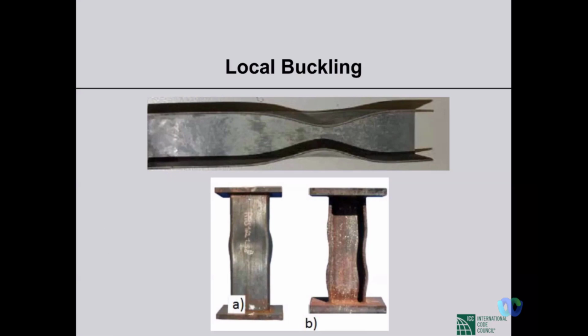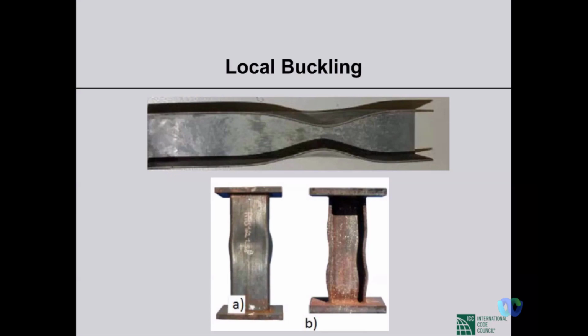But in steel sections, local buckling is another very big problem. The whole section may not buckle; the whole section may be quite stocky for the load that is coming onto it.